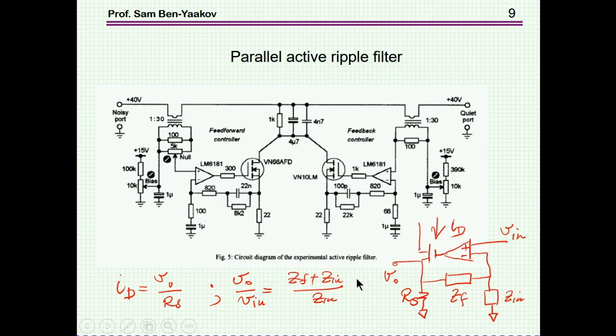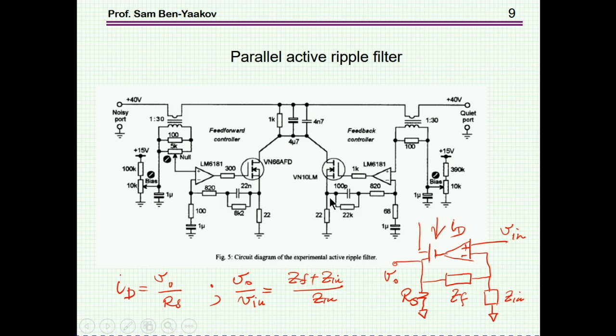And here this expression, ZF over Zin plus one, and this voltage now of course is causing a current to flow through this resistor, which is this 22 ohm resistor, and this current is also the drain current. Okay, so it's similar to what we've seen before.